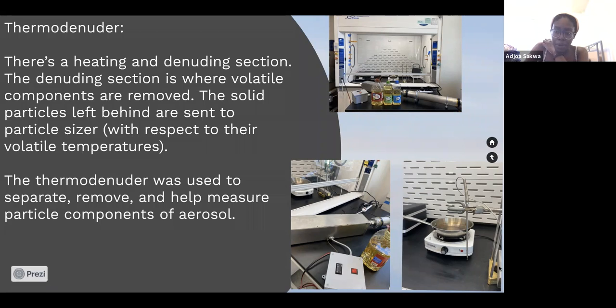In the bottom right corner, there is the frying pan and then the thermocouple, which is a temperature regulating device, and it helps regulate the temperature of the oil. Next slide.